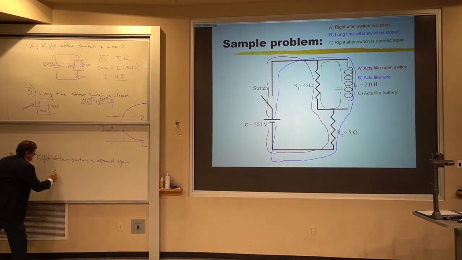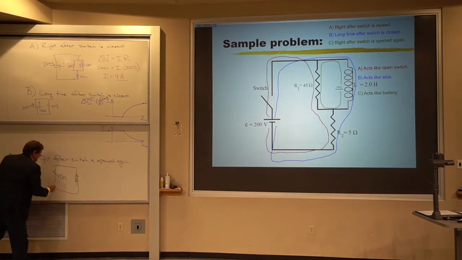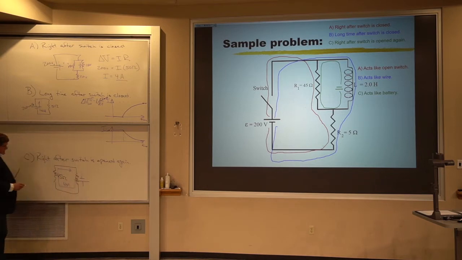Well, if I've got 45 ohms, and my inductor has to send current this way, and it's going to be 40 amps. Well, if it's sending current around clockwise, then this must be a battery that's oriented that way with the positive side of the battery down.